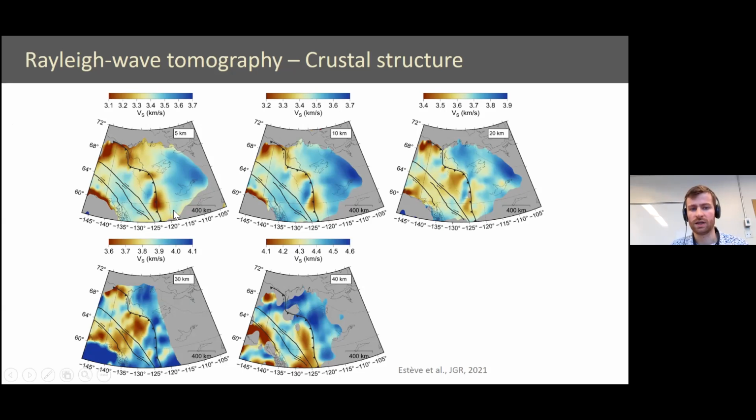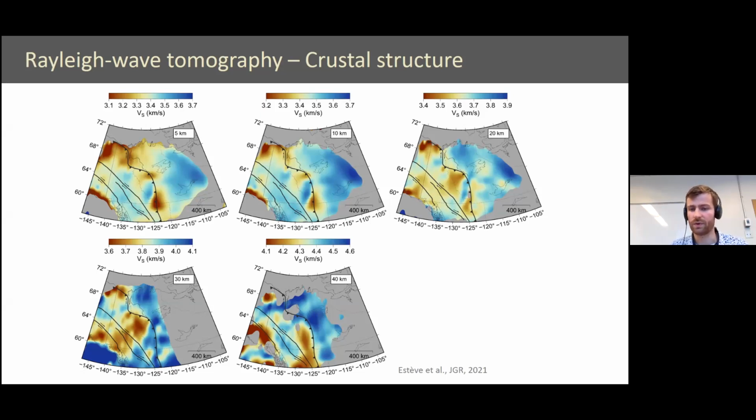Also, here in the Canadian Shield, we have this broad high velocity region, and that corresponds, I think, to the igneous and metamorphic rocks that consist of the Canadian Shield. And same for the Canadian Cordillera here, these regions correspond to, I think, the crystalline basements. That's what we see. And as we go deeper into the mid to lower crust, we see that there's a drastic change.